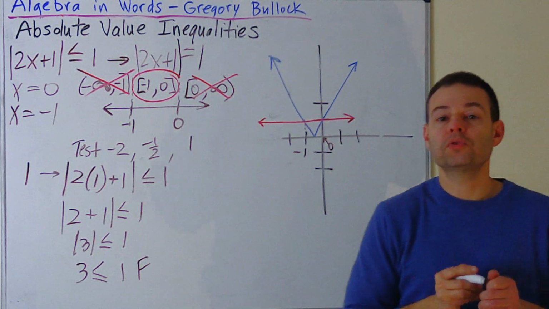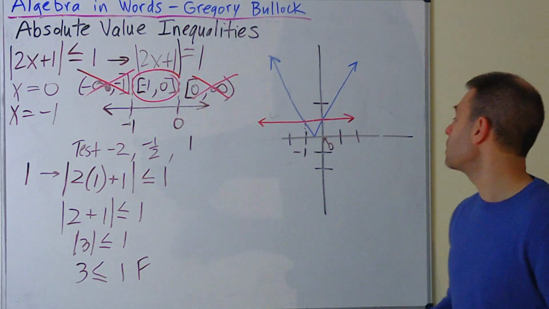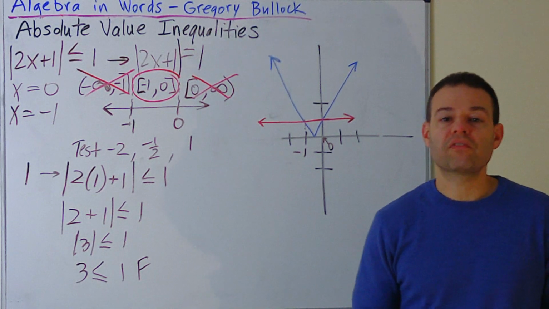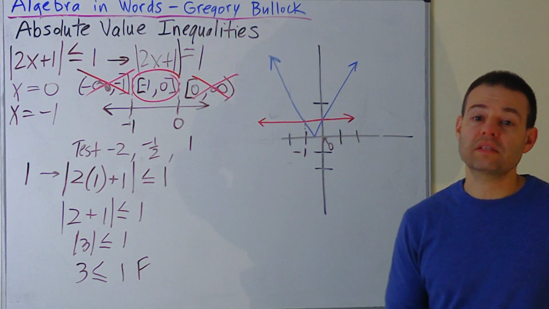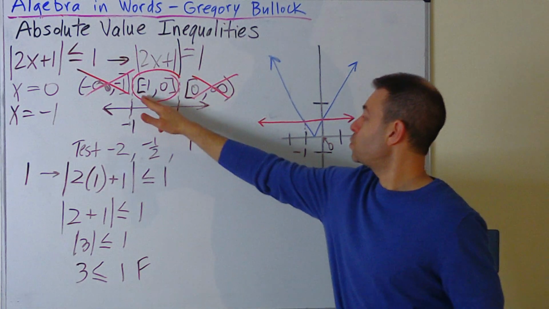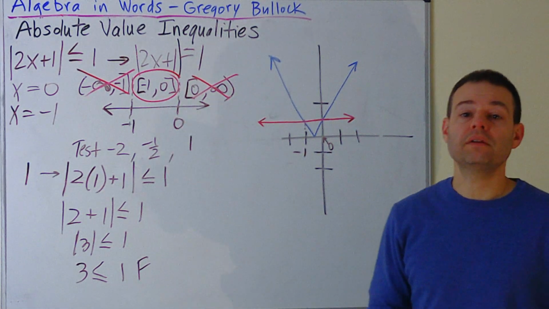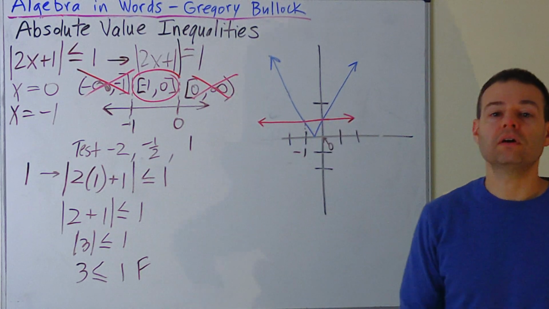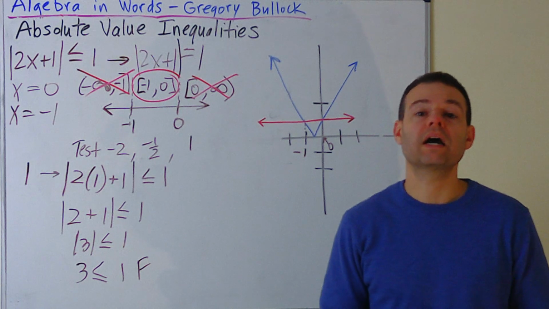And so our solution actually makes sense, because only the x values of the blue graph below or less than the red horizontal line 1 are between the region of negative 1 to 0 inclusive. So it could include the points where they touch on the red line.